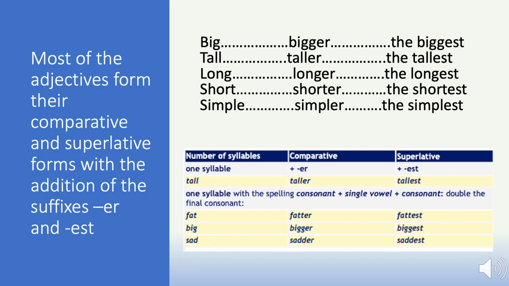Most of the adjectives form their comparative and superlative forms with the addition of the inflection or the suffix er and est. For example, we've already seen in the earlier slides the use of words like big and long. So, big is the positive degree of comparison.